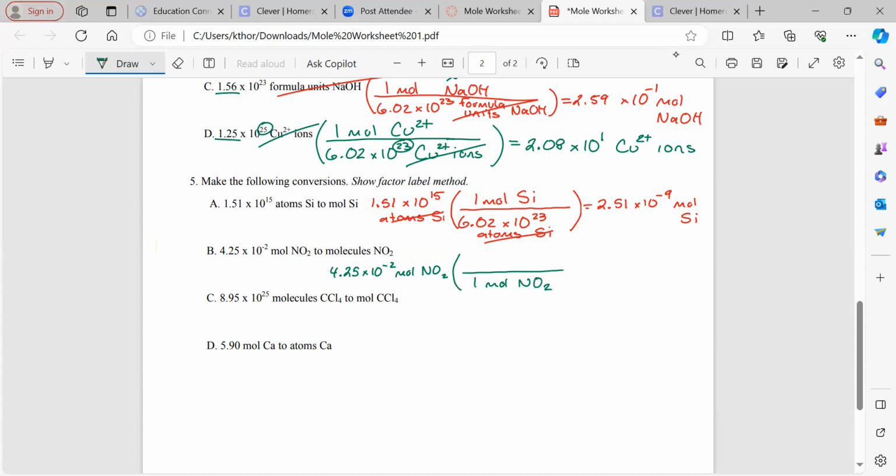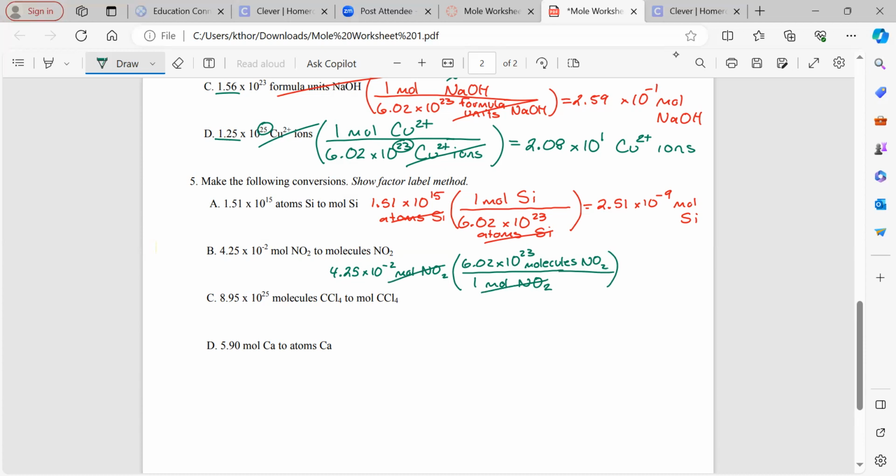One mole goes on the bottom because you want moles to cancel out. And Avogadro's number goes on the top. We're doing molecules on this problem. Moles cancels out. This is a multiplication problem.